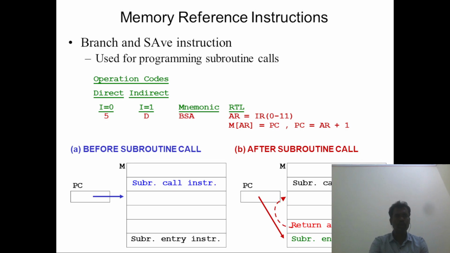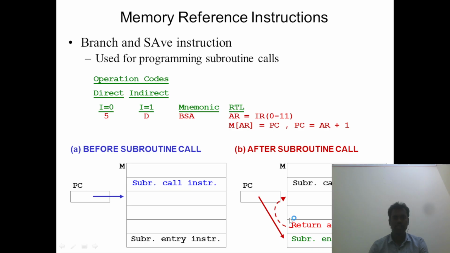So now, branch and save return address. A subroutine call will be there at this point. The PC holds the next instruction. The AR is nothing but the new branch instruction where it has to go.